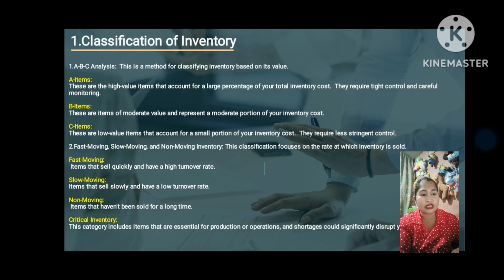So we produce it, we sell quickly and have a higher turnover rate, depending on the pack plan or customer requests.